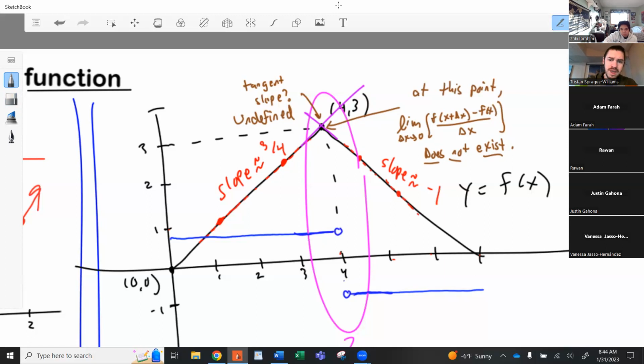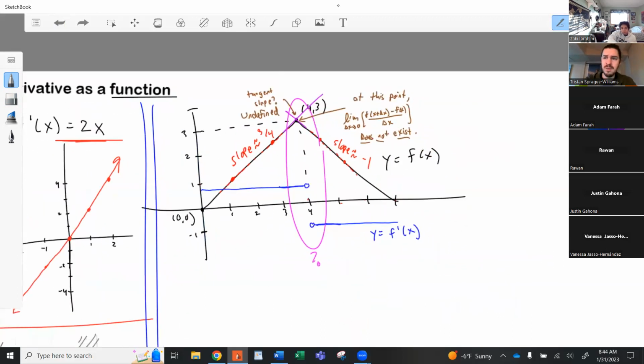Because neither of those endpoints is actually going to have a closed filled in dot, because the derivative graph should not exist. It shouldn't have an output at all when x equals 4. The tangent slope is undefined. So this is an example of a point where the function is not differentiable.